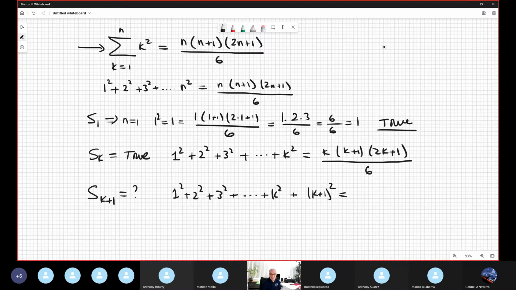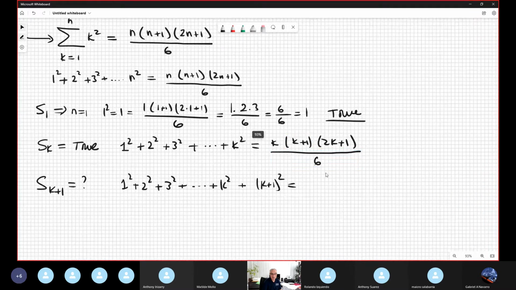And you replace k for k plus 1 in the right hand side. So it's easy, that part is k plus 1, then k plus 2, which makes sense because it's k plus 1 plus 1. But this is not as easy. It's 2k plus 1.